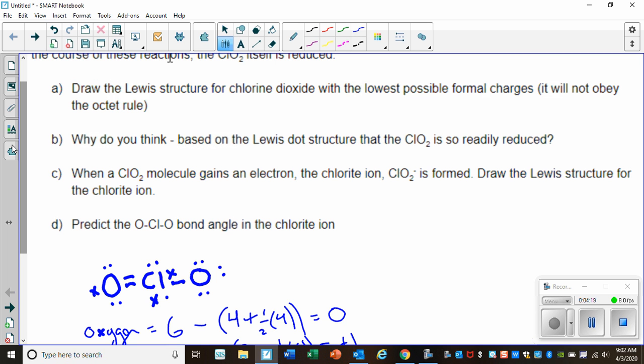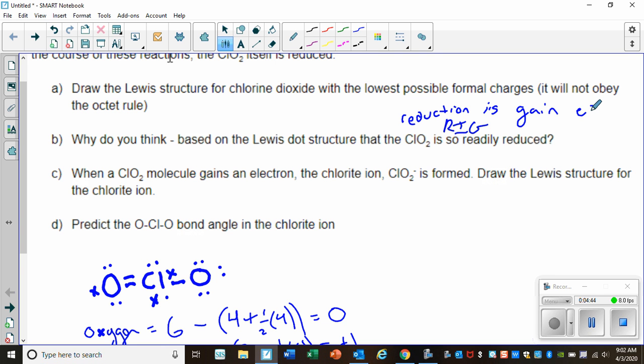And so this kind of leads us into part B. Why do you think that this is going to be so readily reduced? If we think about the definition of that, remember OIL RIG: reduction is the gain of electrons.